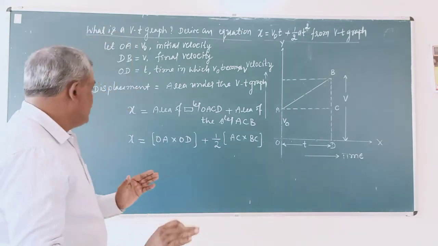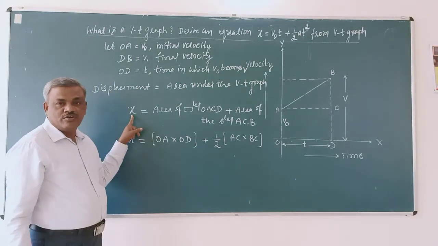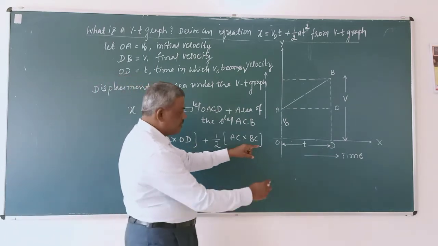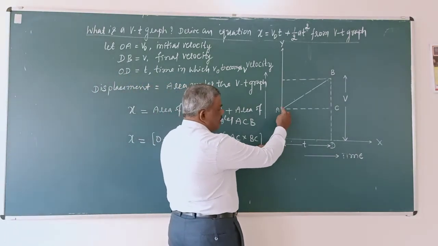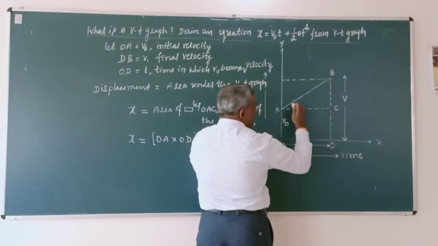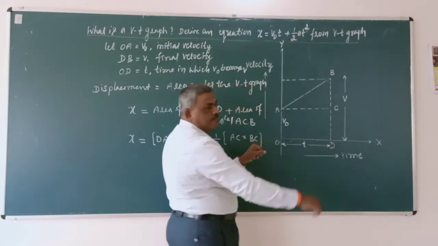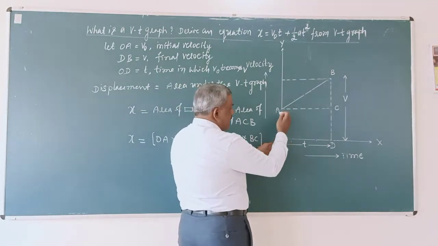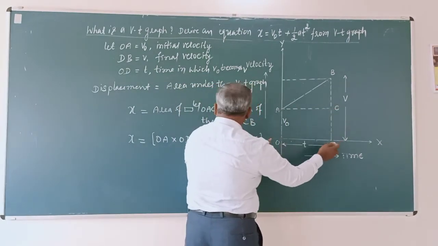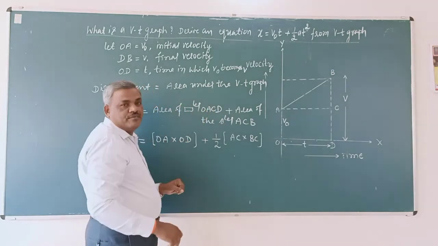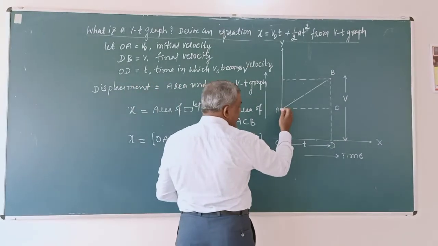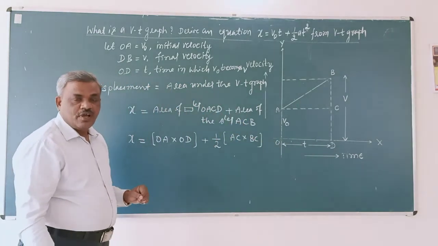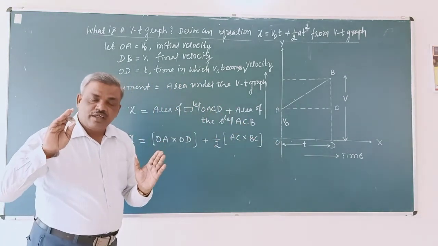Here displacement equals the area under the VT graph. The area under the VT graph, you observe here O, A, B, D, is the area of the trapezium. So the area of the trapezium equals the area of the rectangle OACD plus the area of the triangle ACB.